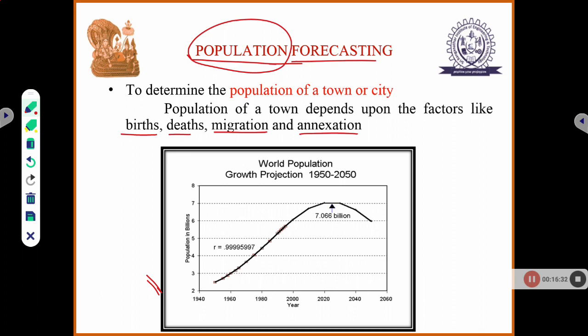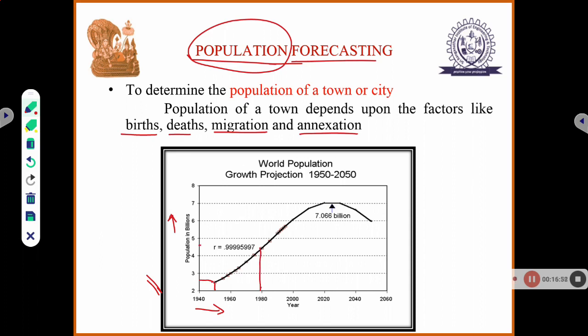On the x-axis it shows the number of years and on the y-axis the population in billions. Around 1950, we had 2.5 billion people, but by 1980, we had nearly 4.5 billion people.